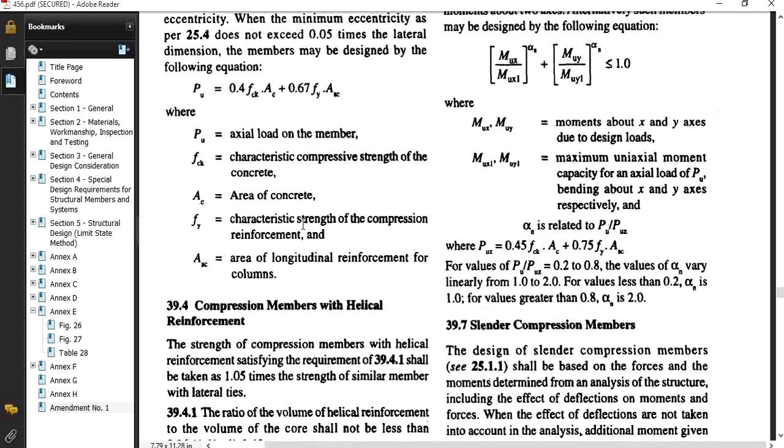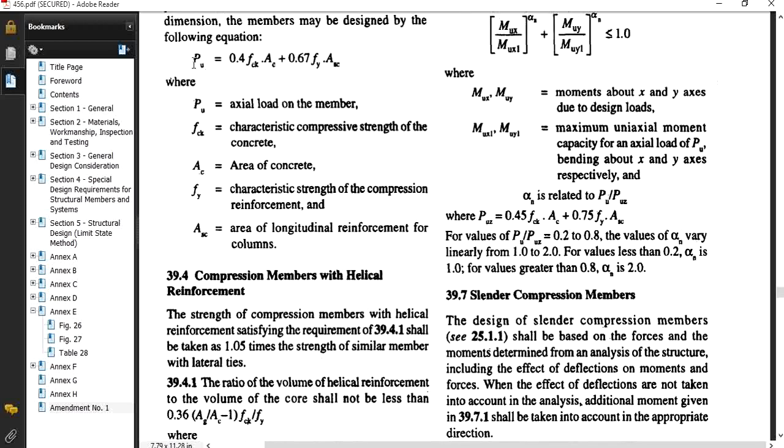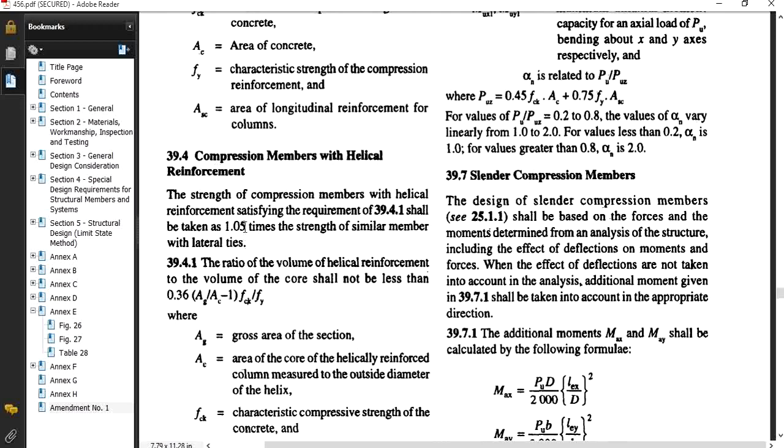In case of a compression member having helical reinforcement, meaning a circular column, the strength of the compression member with helical reinforcement satisfying the requirements of 39.4.1 shall be taken as 1.05 times the strength of a similar member with lateral ties. So if we multiply by 1.05, we get the strength of the compression member having helical reinforcement.